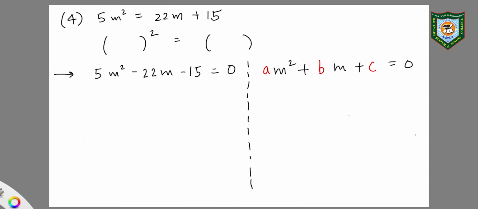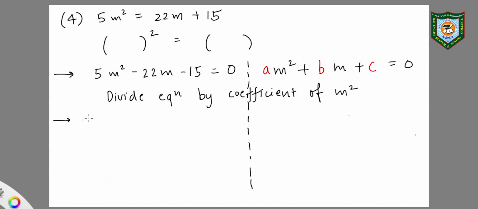So what we need to do before we start is divide the complete equation by the coefficient of m square. So on the right hand side, we have to divide the complete equation by a, and on the left hand side, we have to divide the complete equation by 5.